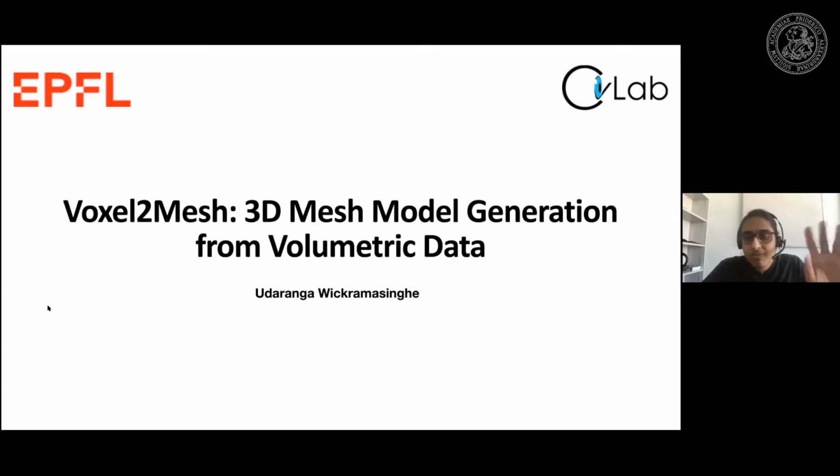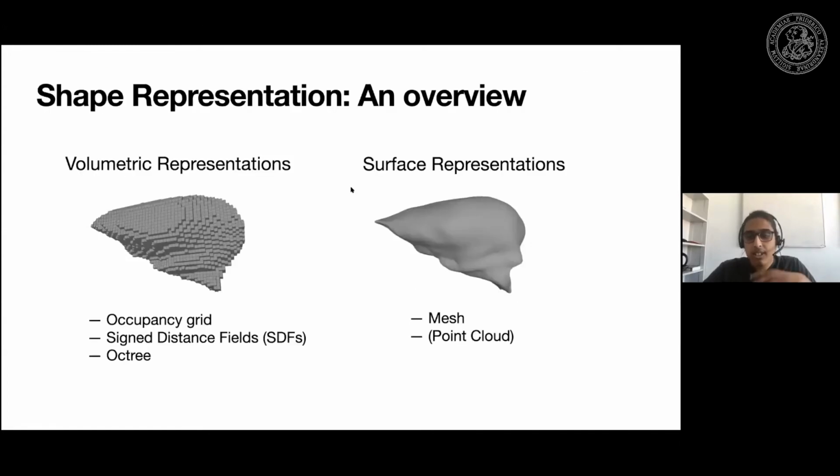Before directly moving on to our architecture, let's talk a little bit about an overview of shape representation in general. There are two main categories that we use to represent shape in computer vision or computer graphics.